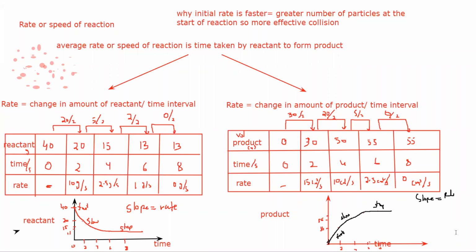So the idea of the rate of reaction is the collision theory. Collision theory states the rate is proportional to the number of effective collisions.